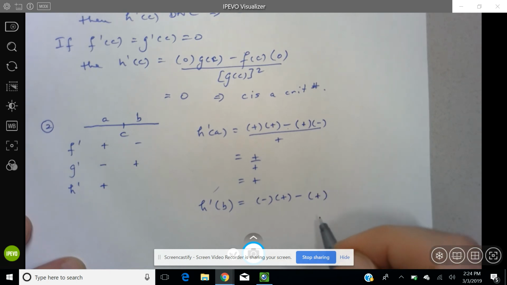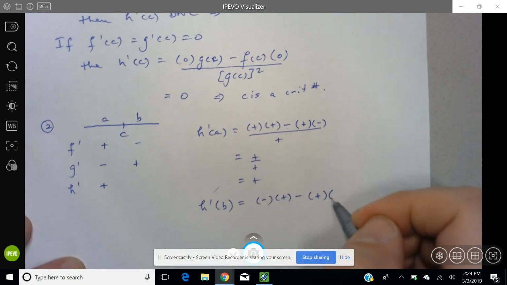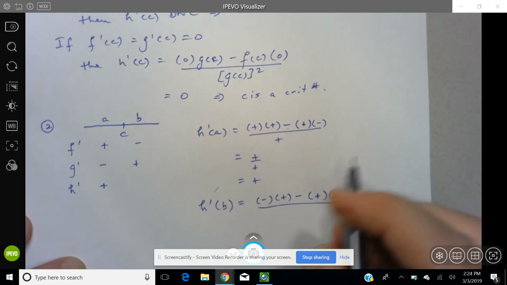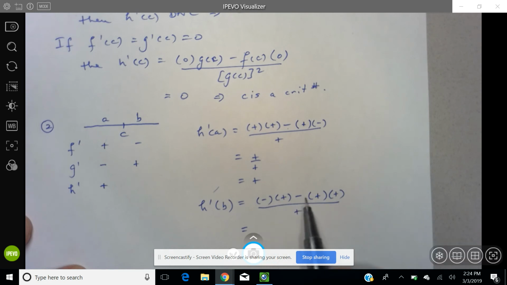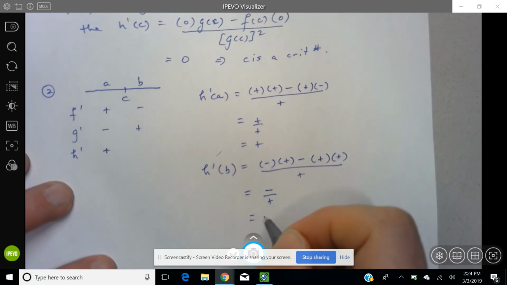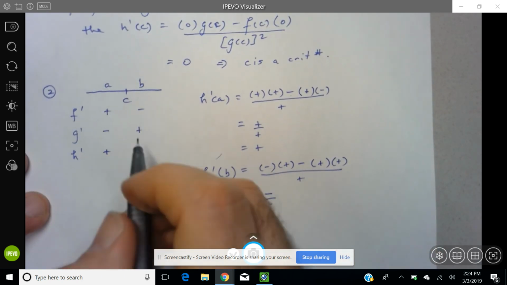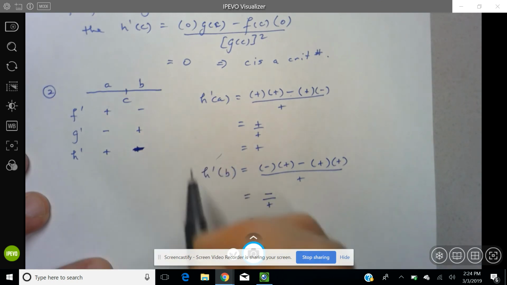And G prime at B, on the other side here, is positive. All over G at B squared, which is going to be positive. And so now what do we have? We have a negative number minus a positive number. So that must be negative. And so that means to the right of C, H prime is negative.